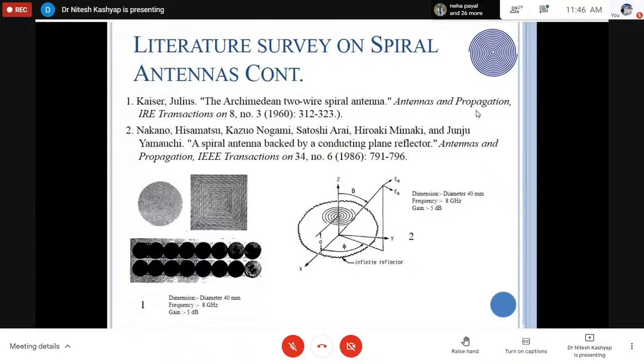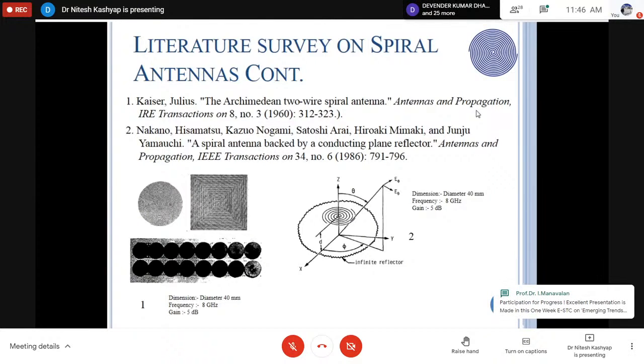The spiral antenna that these researchers have made: the spiral antenna was introduced in 1960 by Kaiser, and they made an array of it, and they just made that spiral antenna unidirectional with the help of a reflector.